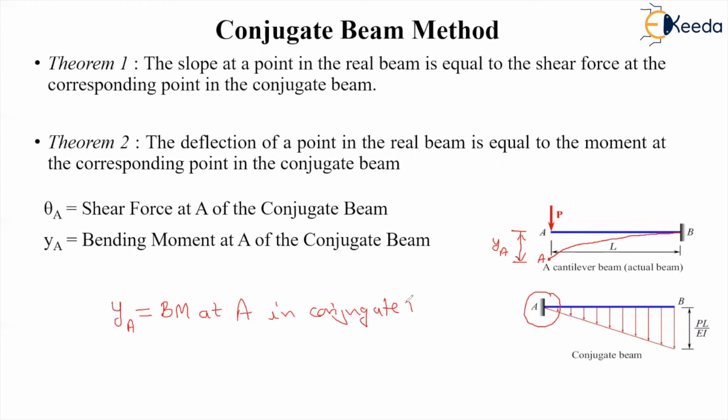And the conjugate beam is loaded with the bending moment diagram, right? So to find the slope, you have to use the shear force, and to find the deflection, you have to use the bending moment. So this is the concept of the conjugate beam.